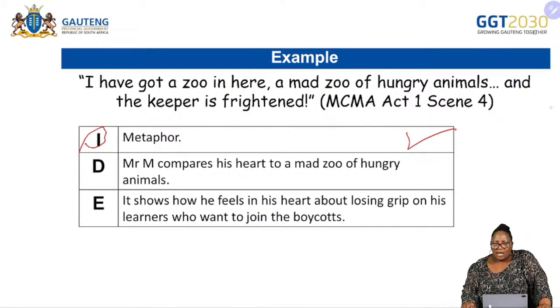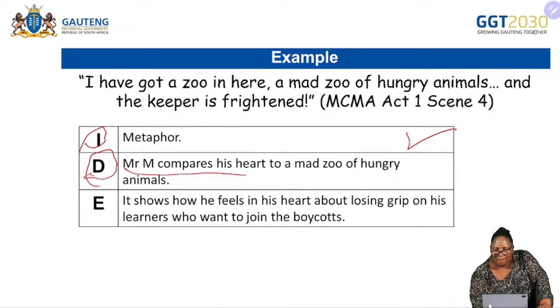Mr. M compares, the description again. We describe the two things that are being compared. Mr. M compares his heart to what? To a mad zoo of hungry animals.